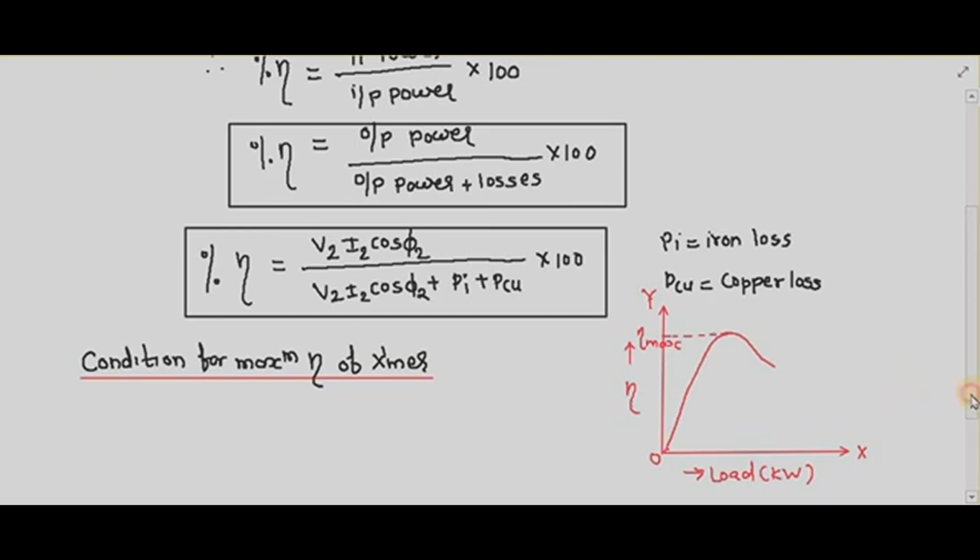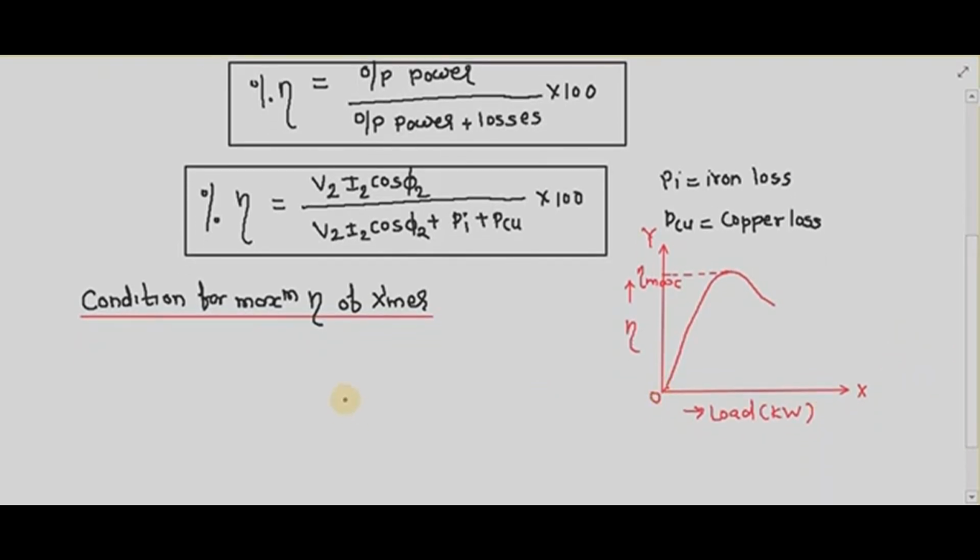Now again consider the approximate equivalent circuit of the transformer referred to the secondary side. What is RT2? RT2 is nothing but the total resistance of the transformer referred to the secondary side.